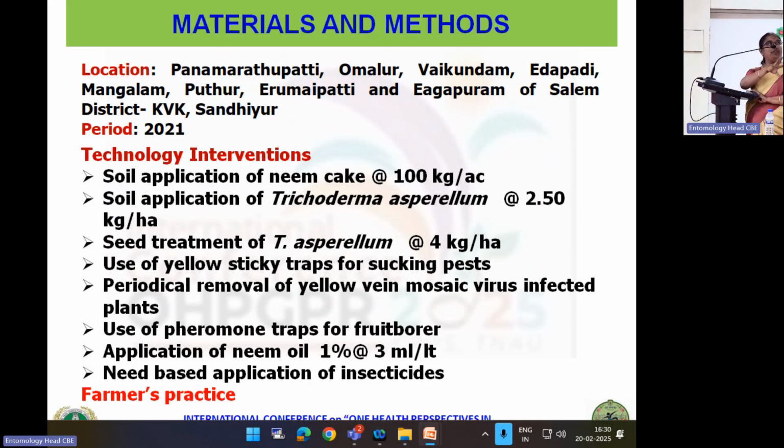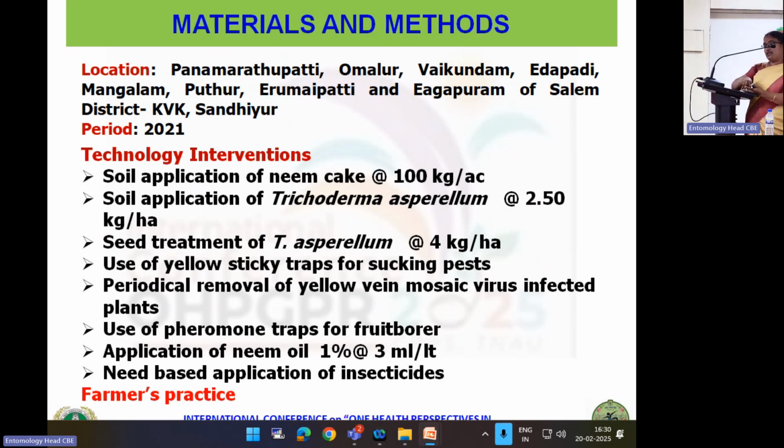So we have chosen these two fields, and we imparted our technology intervention through our TNAU practice. It was conducted during 21-22, and here we have applied neem chem. When we consider this bhendi, we were unable to concentrate on all the pests. So major pests were considered, mainly whiteflies and then borers.